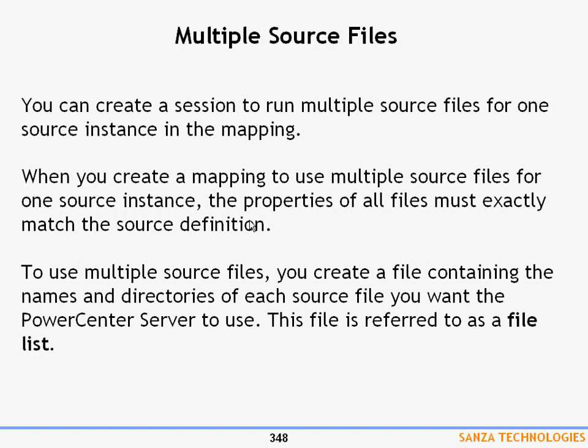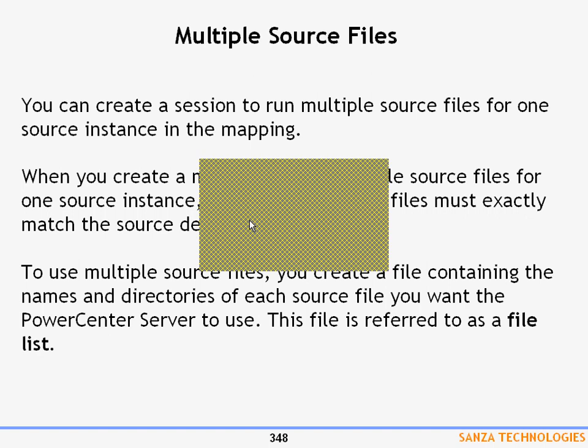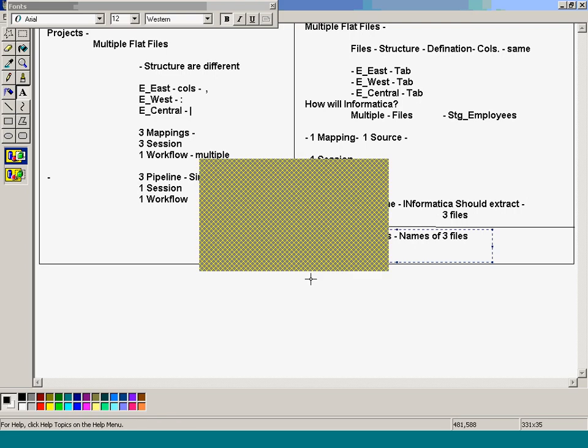Then you create one file which will have the name and directories of each source file you want to extract from, which is called a file list. We have to create it ourselves in projects, a file like this, which I am showing you in a minute.